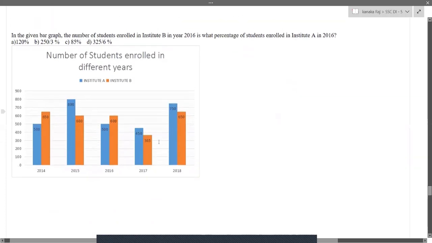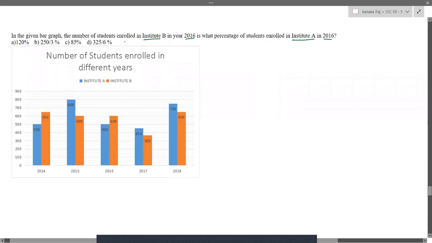So now let's move on to the next question. What does it say? In the given bar graph, the number of students enrolled in Institute B in the year 2016 is what percentage of students enrolled in Institute A in the year 2016. Now they're asking us to find the percentage. So which is the term that we are comparing here?